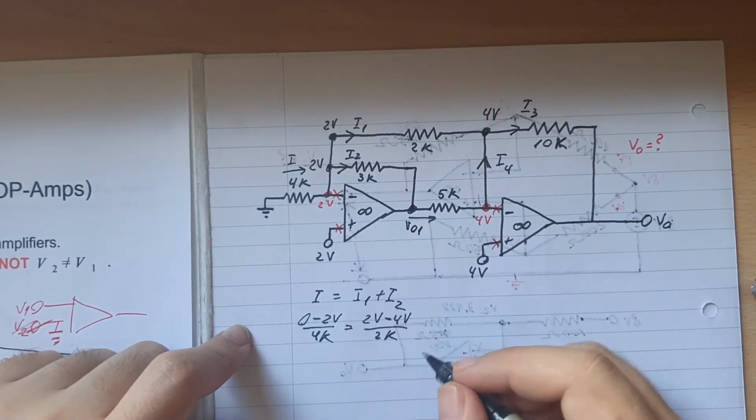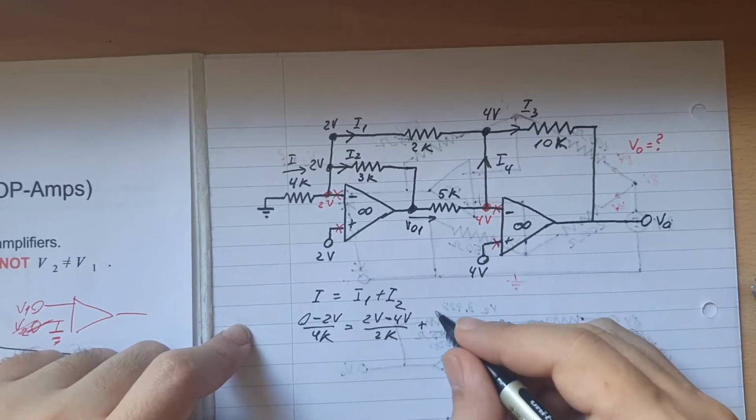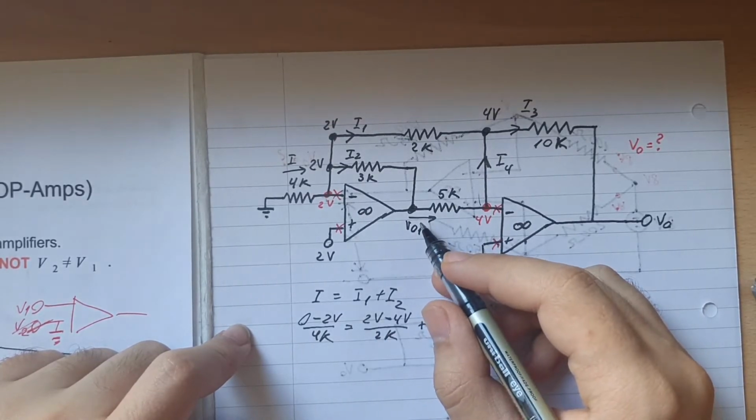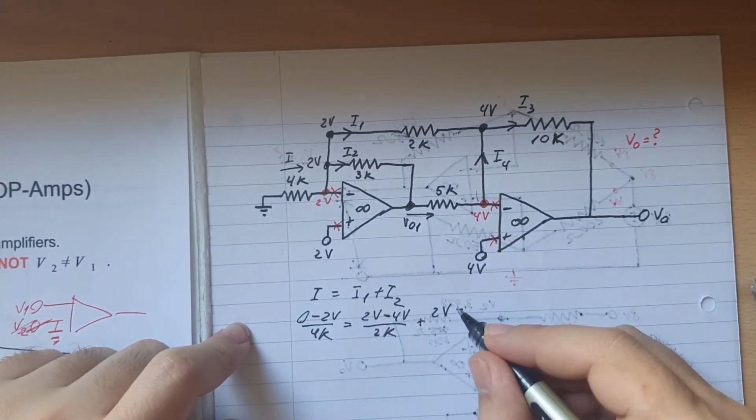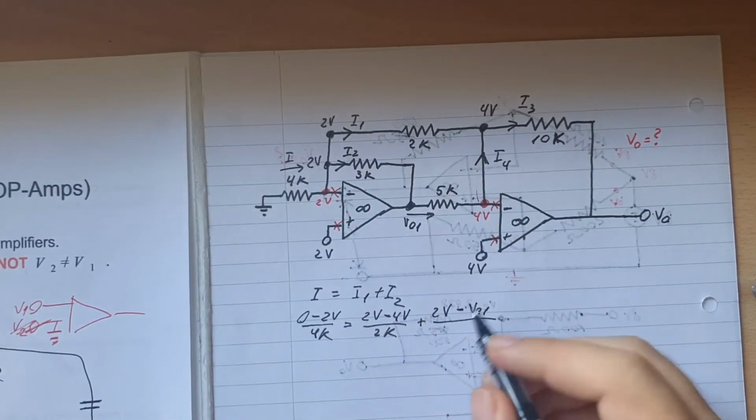Okay, so when we do plus I2, we can see that there are 2 volts coming in, but it's an unknown voltage here, minus VO1 over, and we have the resistance of 3k.